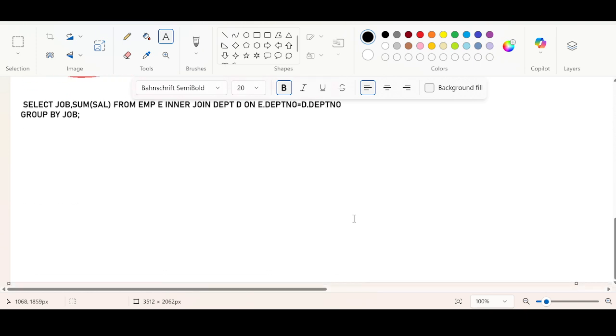The next one. What is the next query? Next example.